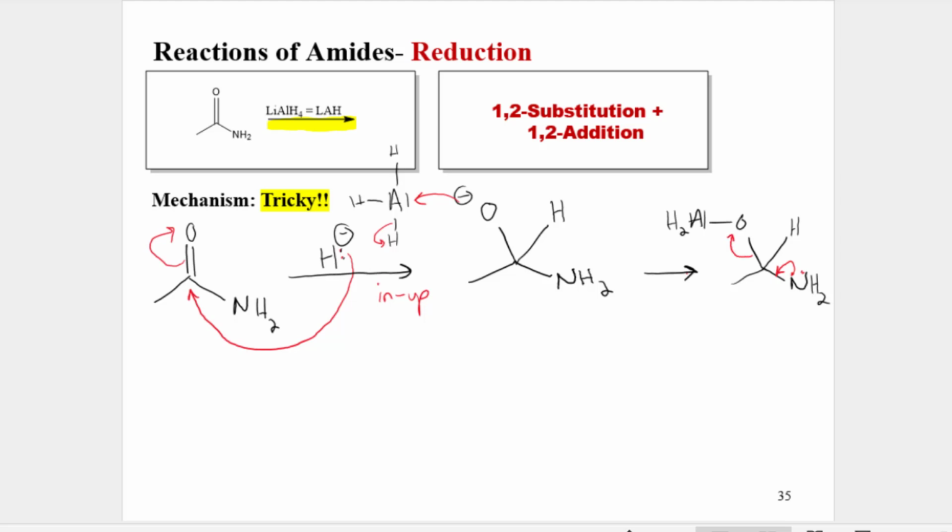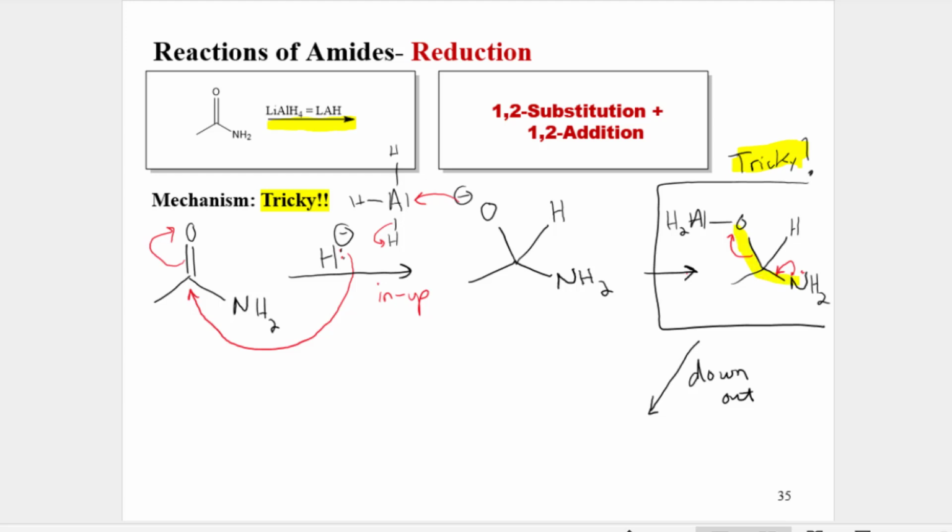And this is the tricky step. It's the nitrogen, because I've only got one shot to do this. The down, out happens with the nitrogen. Okay, so that is your tricky step right in here.